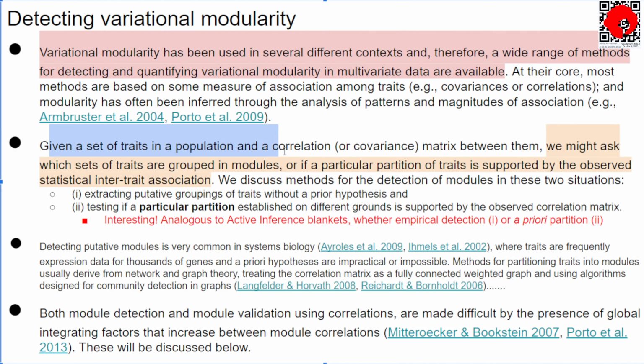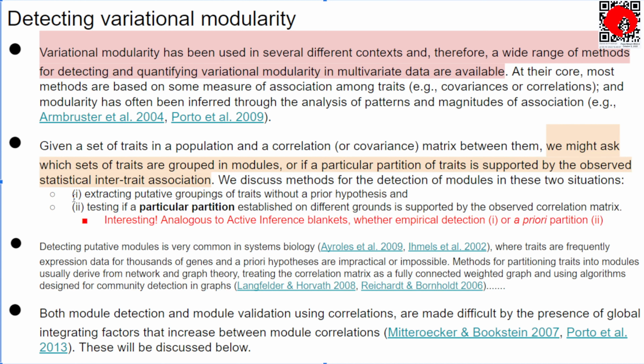Given a set of traits in a population and a correlation or covariance matrix between them, we might ask, what sets of traits are grouped in modules, or if a particular partition of traits is supported by the observed statistical intertrait association. So nice, particular partition here. And we discuss methods for the detection of modules in these two situations.